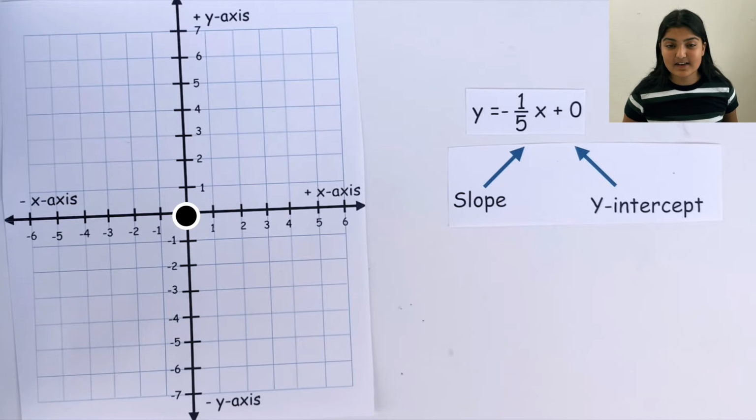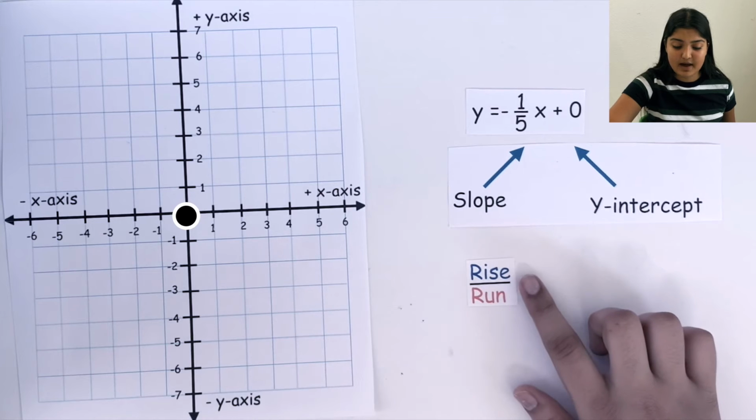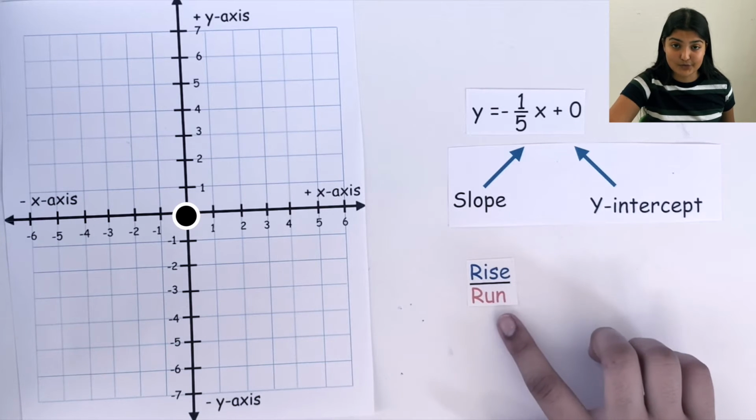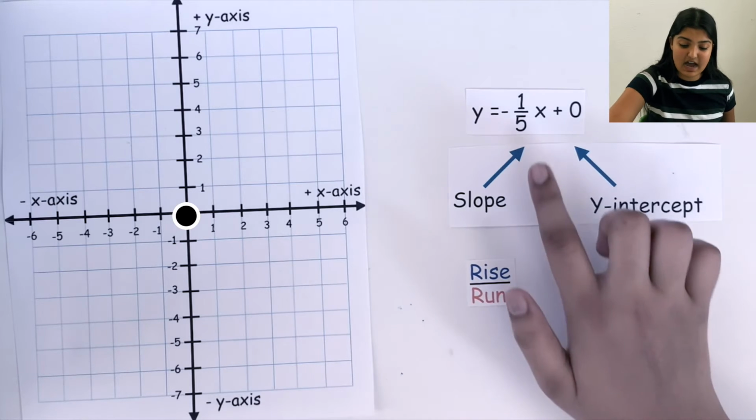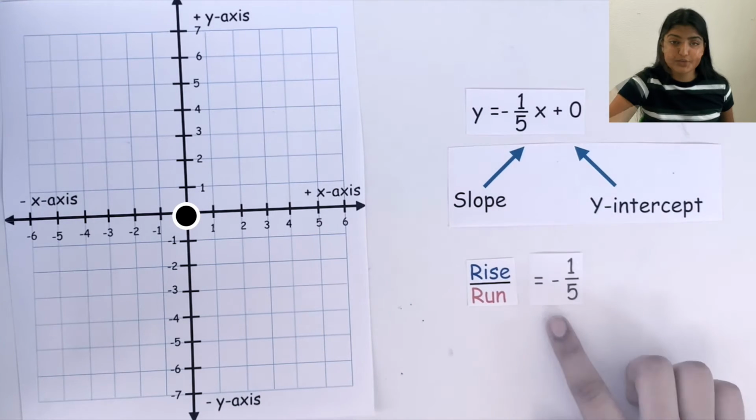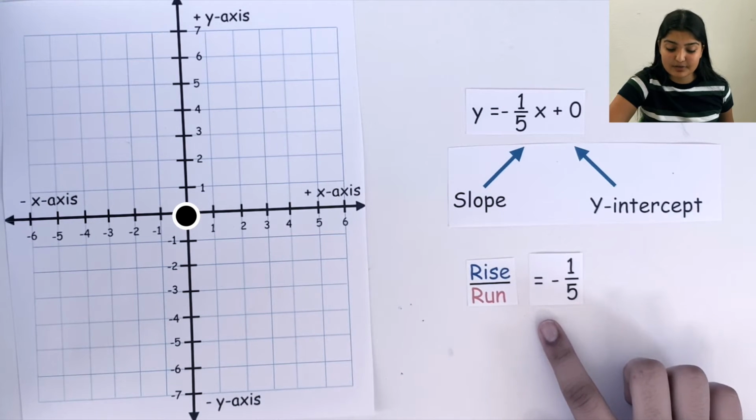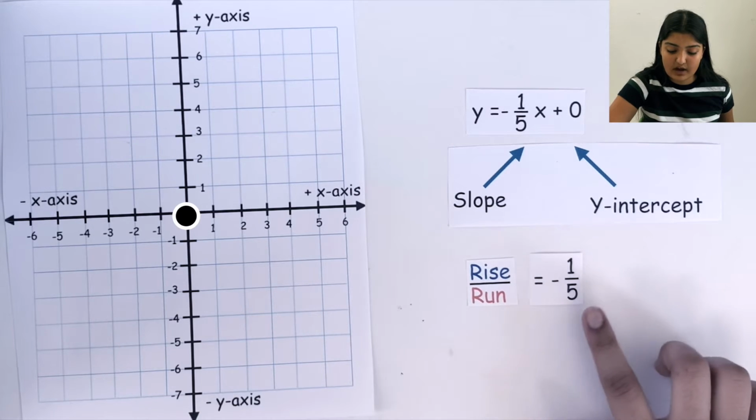Now, in order to find another point, let's look at this slope. We can calculate slope by the rise over the run. We are given the slope of negative 1/5.